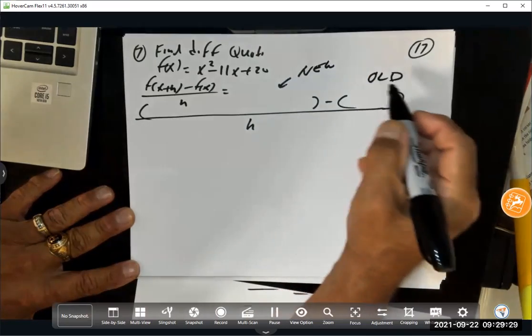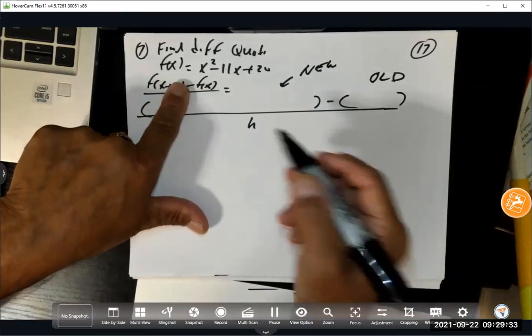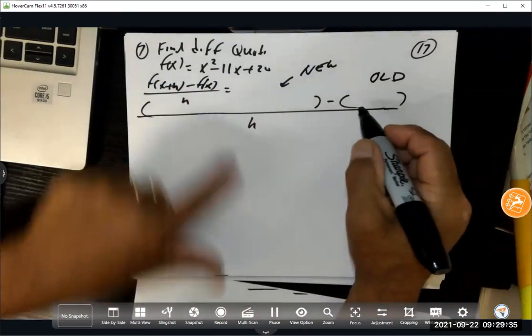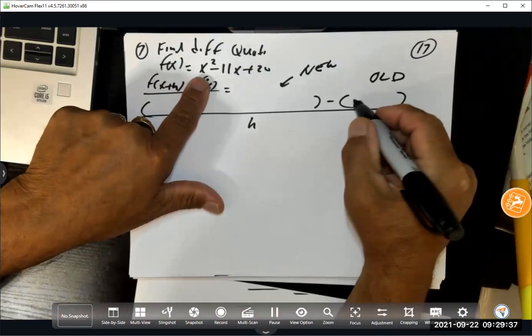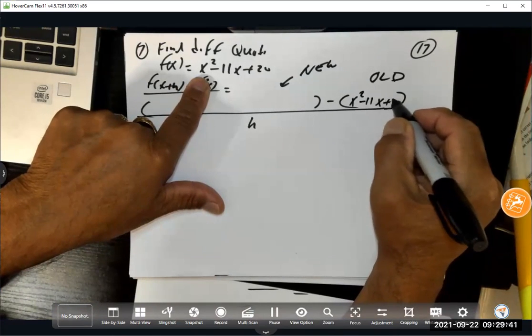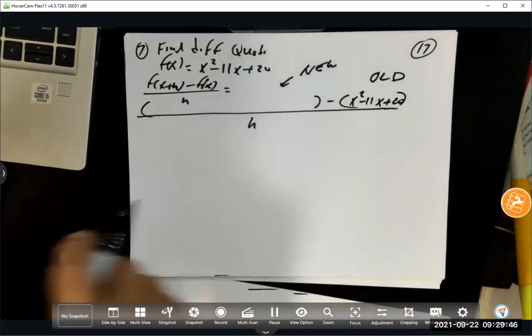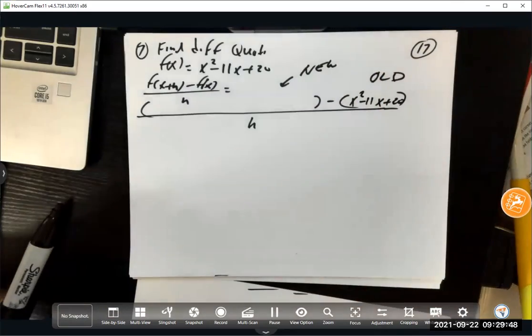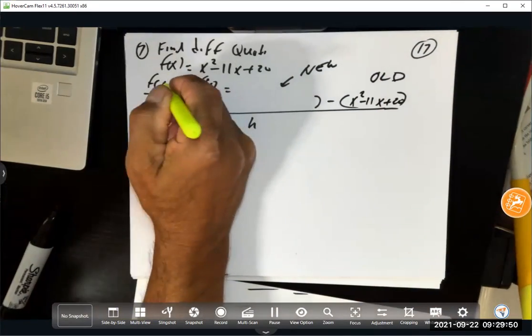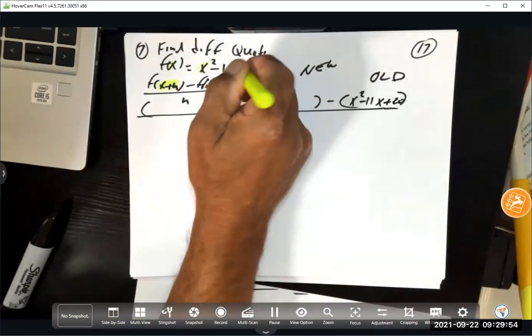So ready? Old one. What's the old one? I'll show you this. f of x is f of x, right? So what do you think goes in this block at the end? x squared minus 11x plus 20. Yes. That's it. Copy it. Now the new one is the hard part. It's because I told you that every time you see the x plus h, you need to replace it into the x here, here, and here.